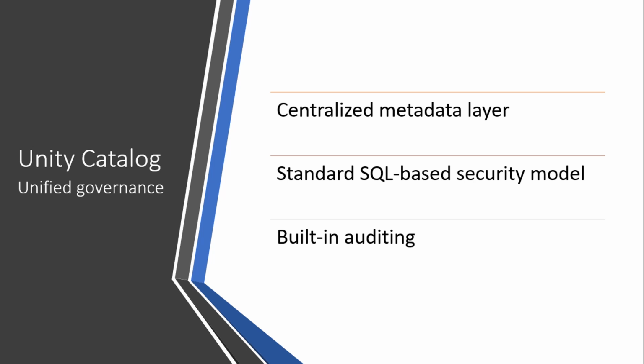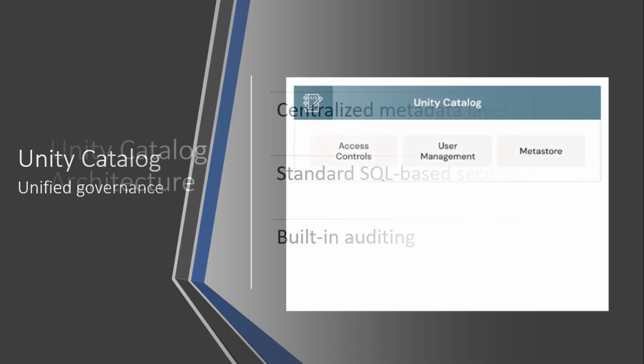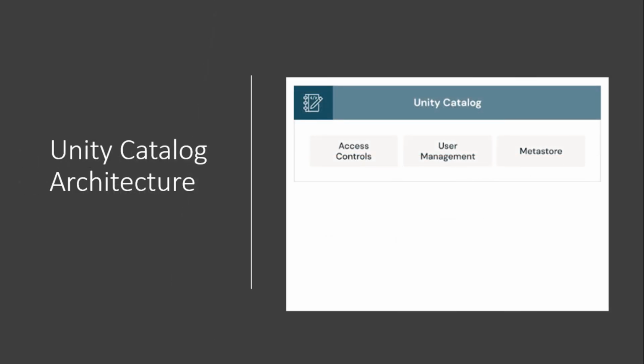Now let's try to understand how it is done. Here is the high-level architecture. You have a centralized Unity Catalog, and it manages two things: user base and metastore. All your Databricks user identities and service principals live in the Unity Catalog. All your metadata also lives in the Unity Catalog metastore.